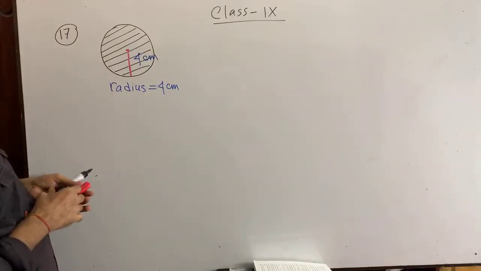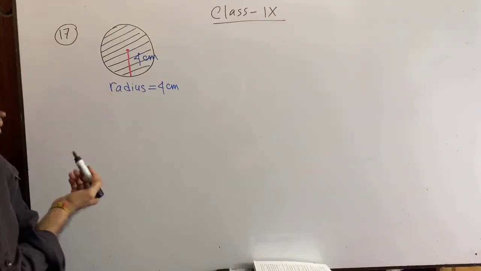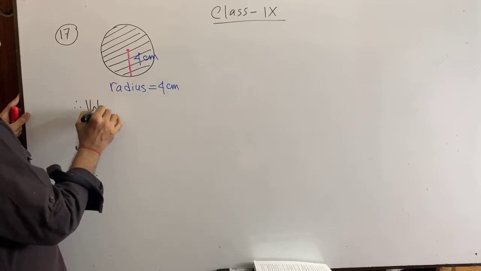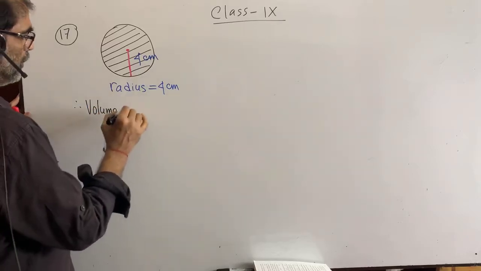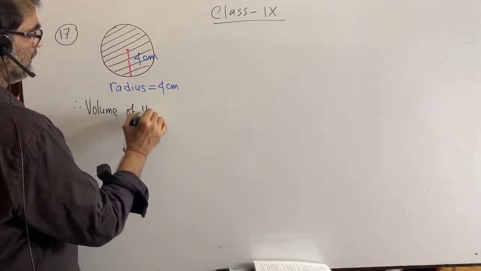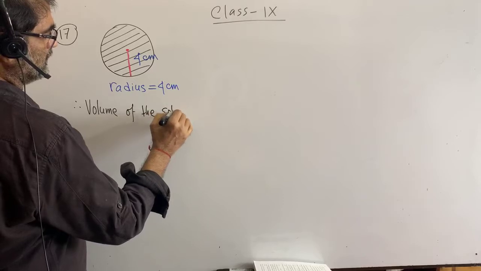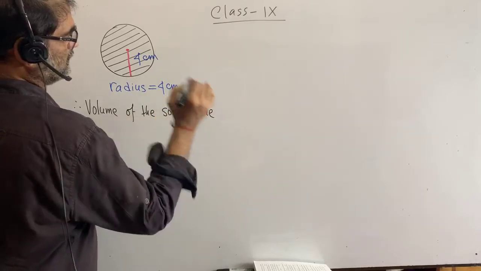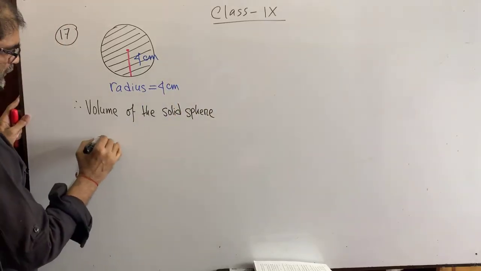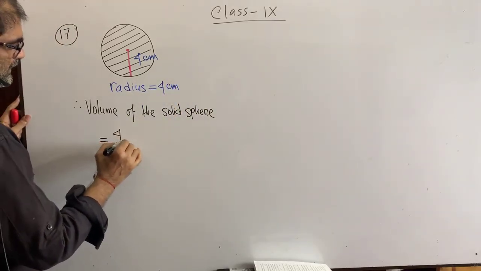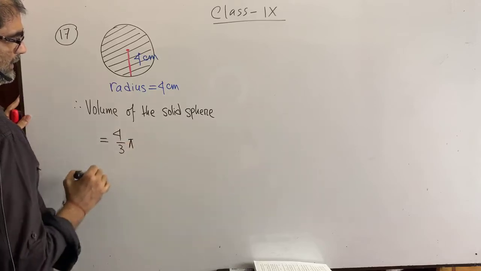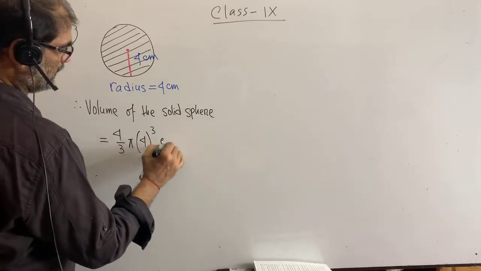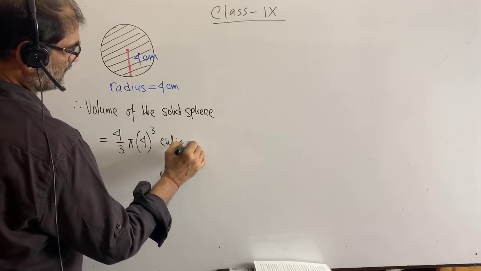Okay, we start. Now, can we find therefore the volume of the solid sphere is equal to what? What I told you, 4 by 3 pi a cube cubic centimeter.